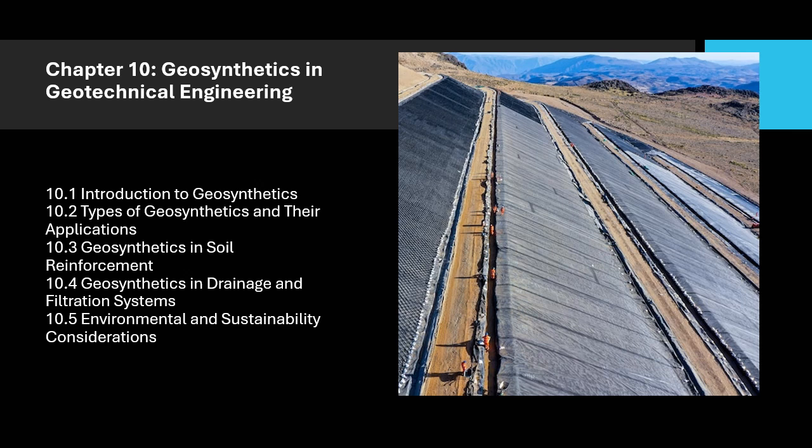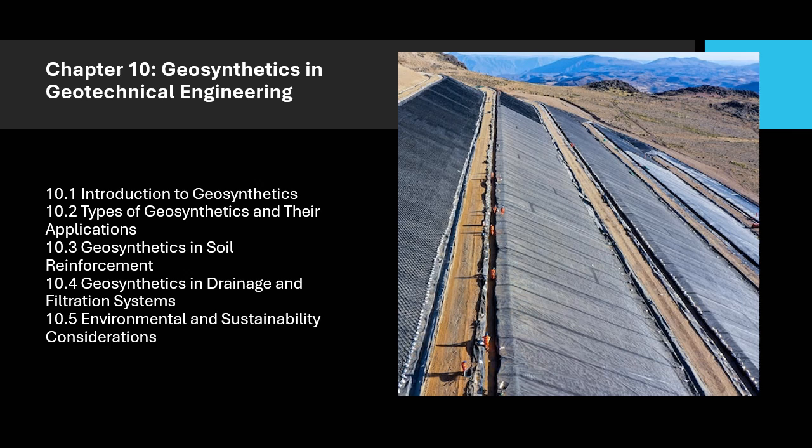Pavement and road construction, used for reinforcement, drainage, and separation in roadway systems where multiple functions are required. 4. Reinforced soil systems. Geocomposites can combine geogrids or geotextiles with geomembranes to provide both soil reinforcement and drainage, improving the performance of retaining walls and embankments.